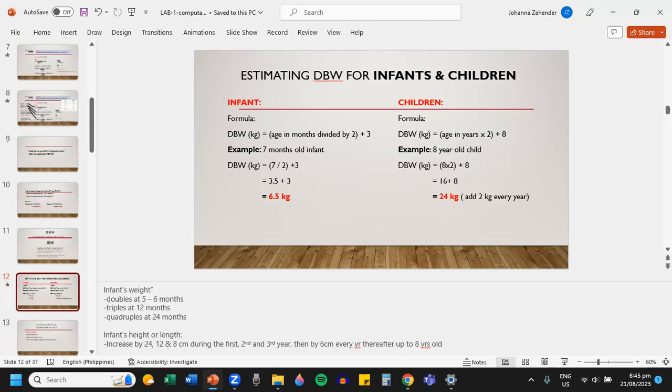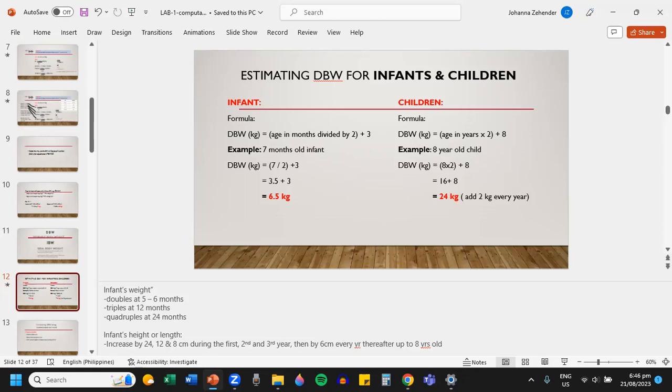Now, as for children, again, there is a constant value to be used. You just have to be familiarized with the formula. To compute for the desirable body weight in children, we have the age in years times 2, and then we add 8. For example, we have an 8-year-old child. To compute for your DBW, we multiply 8 times 2 plus 8.